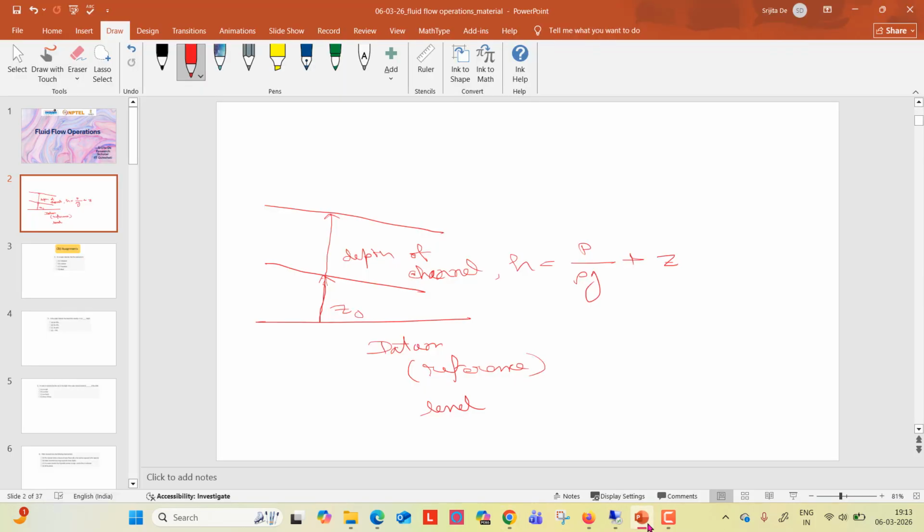And there is another portion, that is the kinetic head, V square by 2g. So this is the pressure head, which is the static head, right?